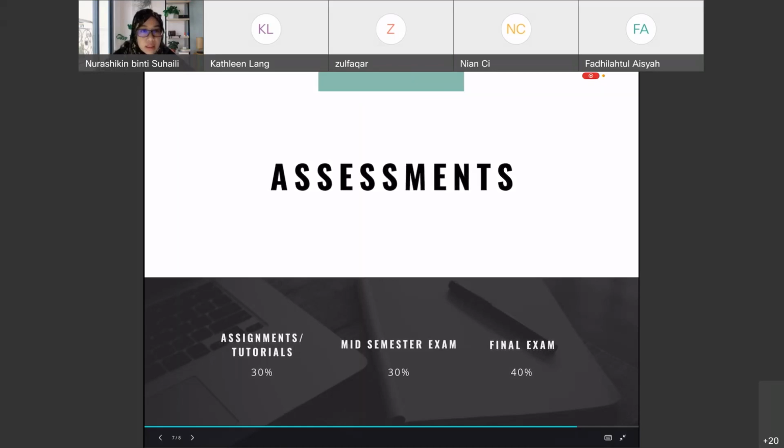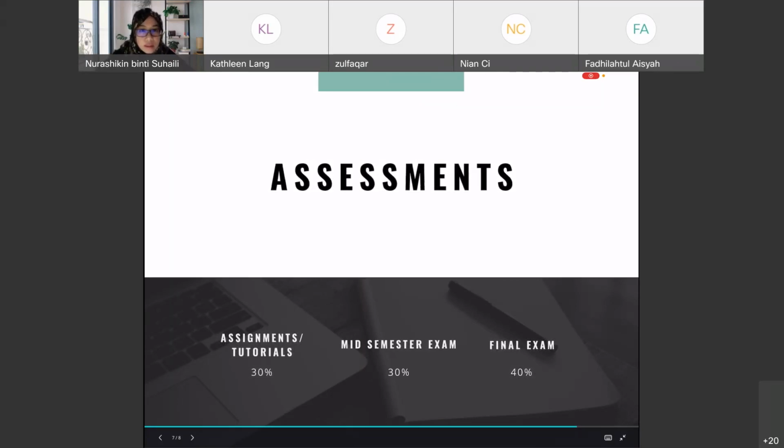You can actually try to score on that portion. The same goes for the mid-semester exam. Thirty plus thirty is 60%, and those are the marks that will be released before the final exam.